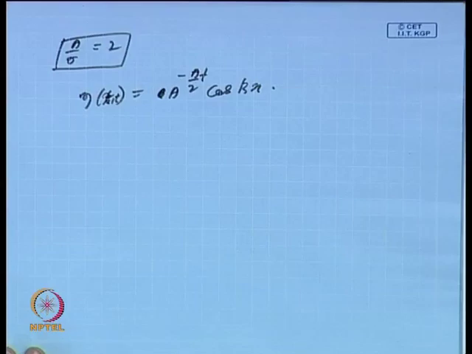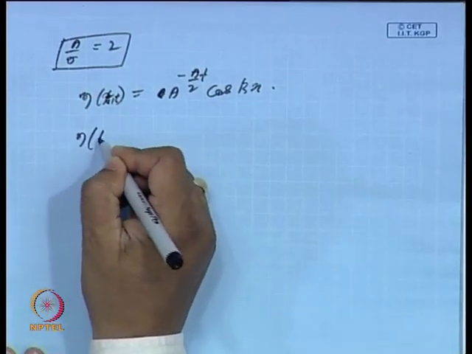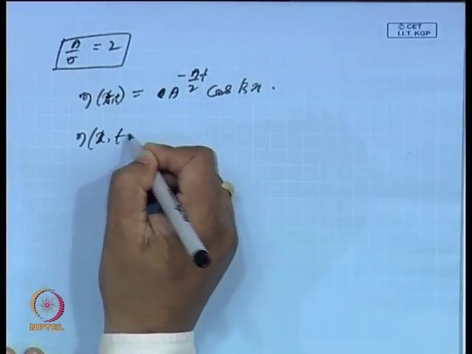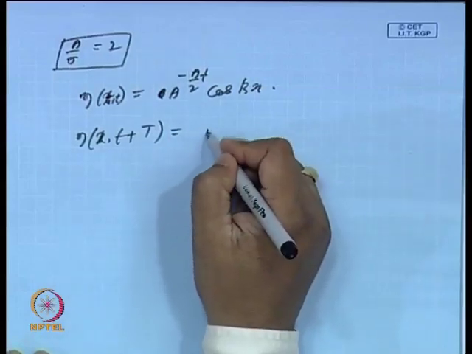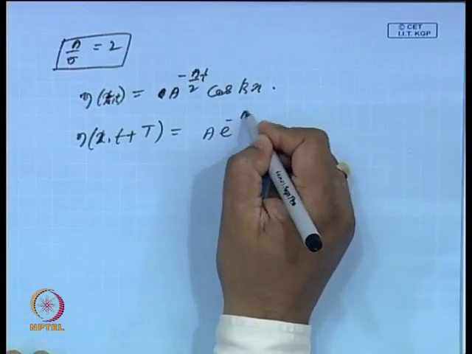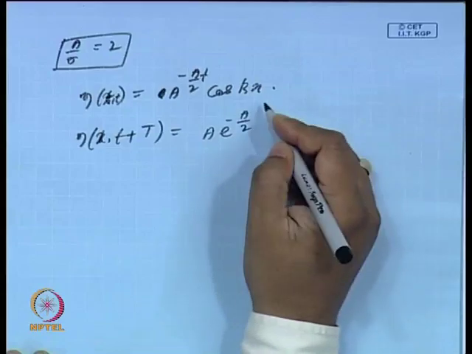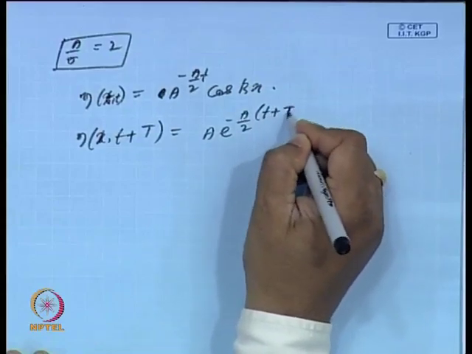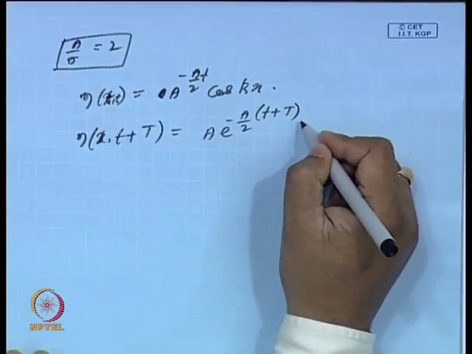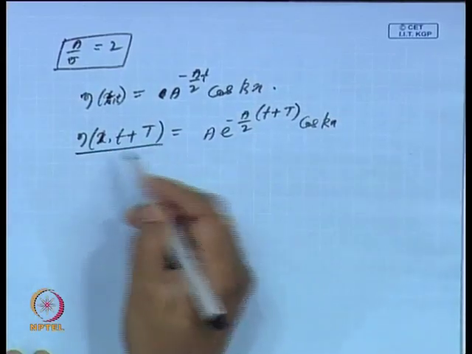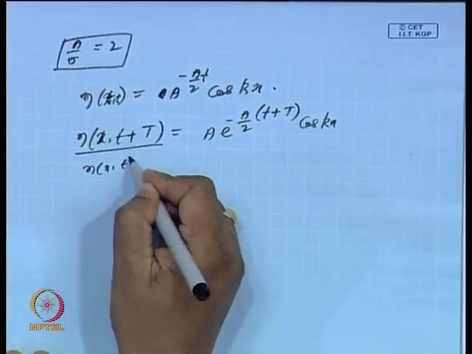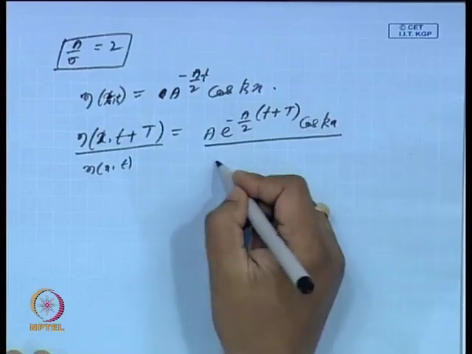Now, what will happen if I say eta(x, t plus T), where capital T is the period? Then this will give me a e to the power minus a/2 (t plus T) into cos kx. If I divide it by eta(x, t), this also gets divided by eta(x, t).